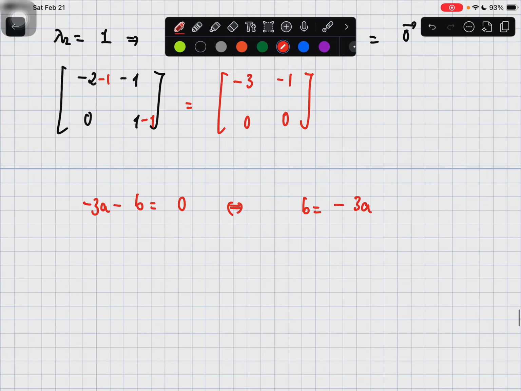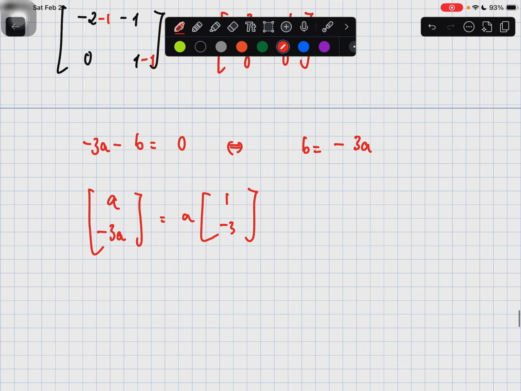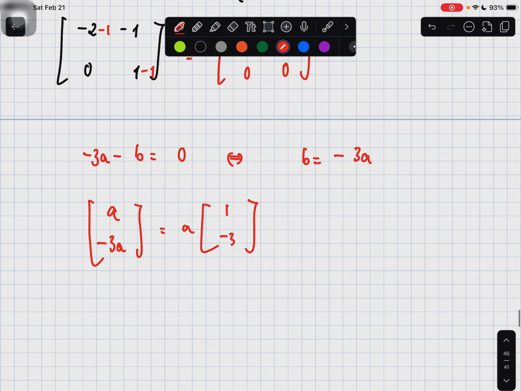So vectors of the form (a, minus 3a), a times (1, minus 3), as long as a is non-zero, will be an eigenvector corresponding to lambda 2 equal to 1. So I choose v2 to be (1, minus 3).